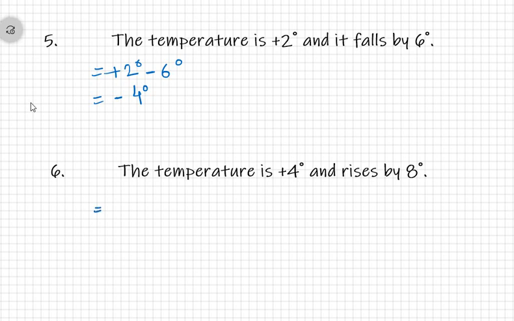Then question 6: plus 4 degree was the temperature, and it rises by 8 degree. Rises means plus 8 degree. Both have the same signs, so we will put plus and we will add both of them. So plus 12. This is the new temperature.